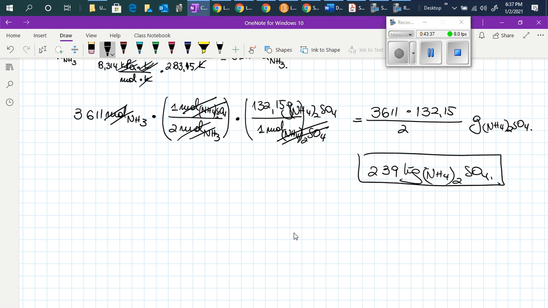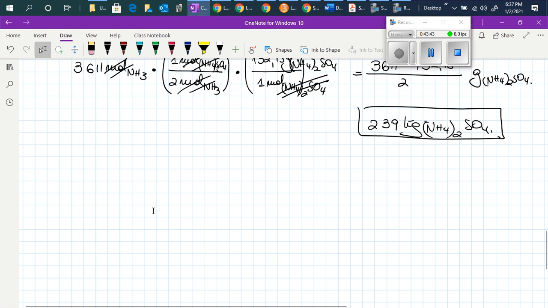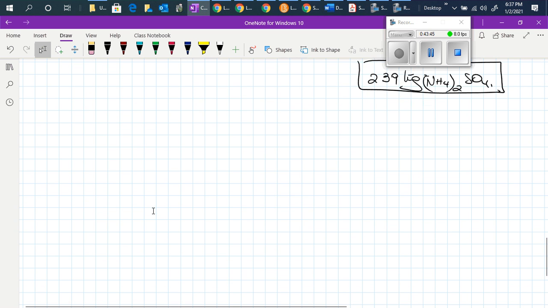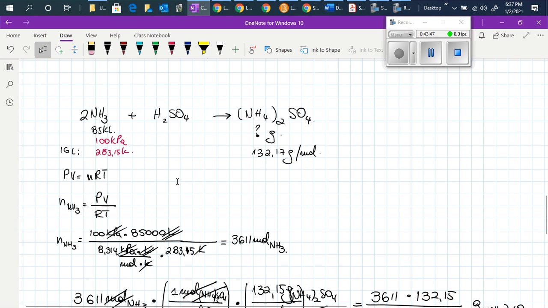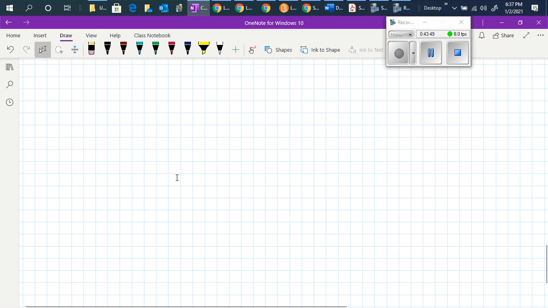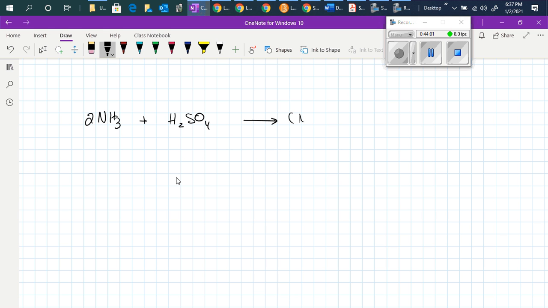But you can do this as a simple Stoich, one Stoich from the beginning to the end. So again, you start with a reaction. I will rewrite it. So 2 NH3 plus H2SO4 gives (NH4)2SO4.